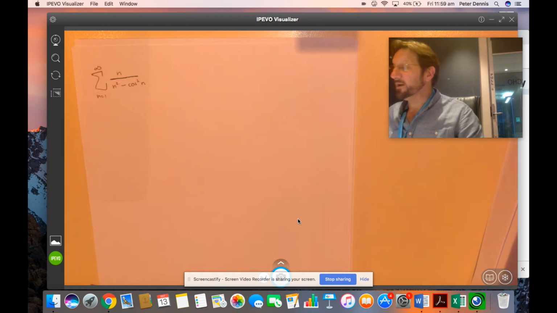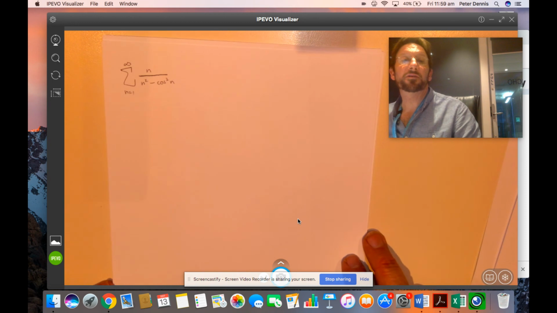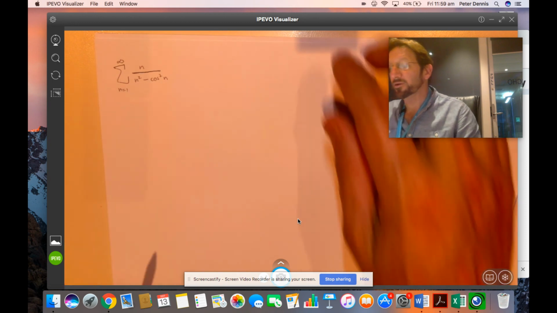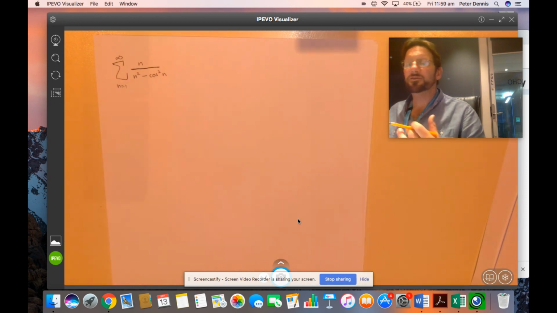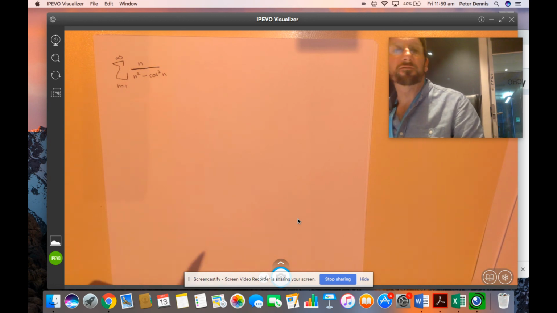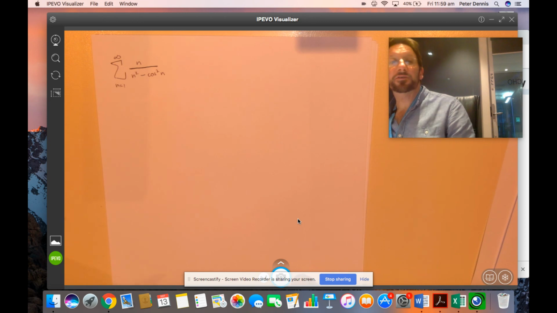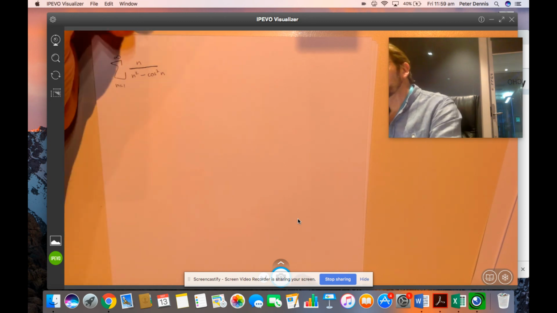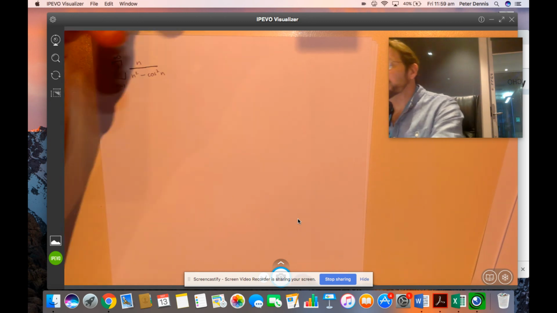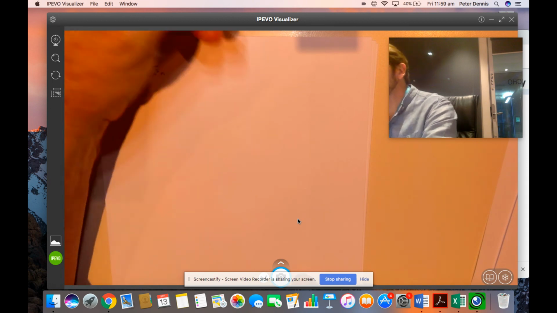Let's have a look at one more question, a slightly different one. We've got a minus on the bottom here, so this is a bit different, and it's not so obvious whether this one is going to converge or diverge. Let's use numbers again, and let's use 10 because that's nice and easy.